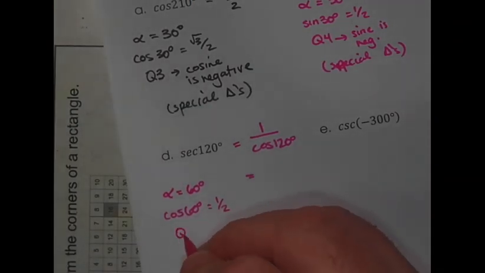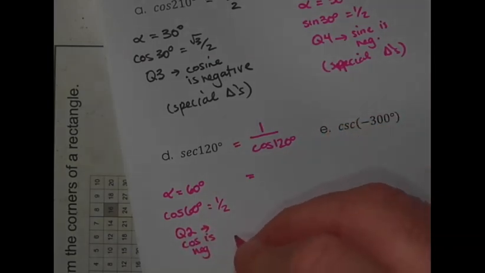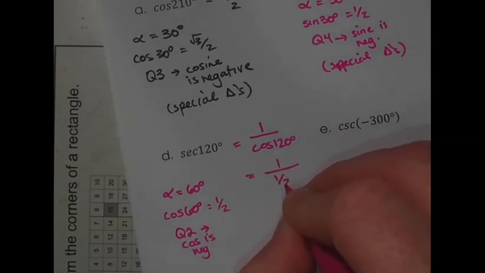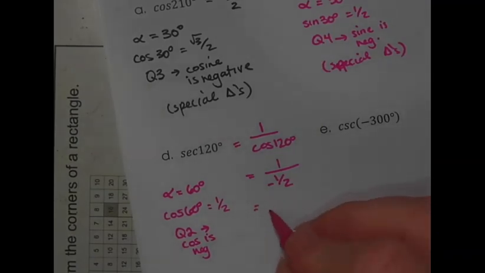But this means in Q2, that's where cos is negative. So we know that this is going to be 1 over negative 1/2. And then I just have to do the reciprocal.